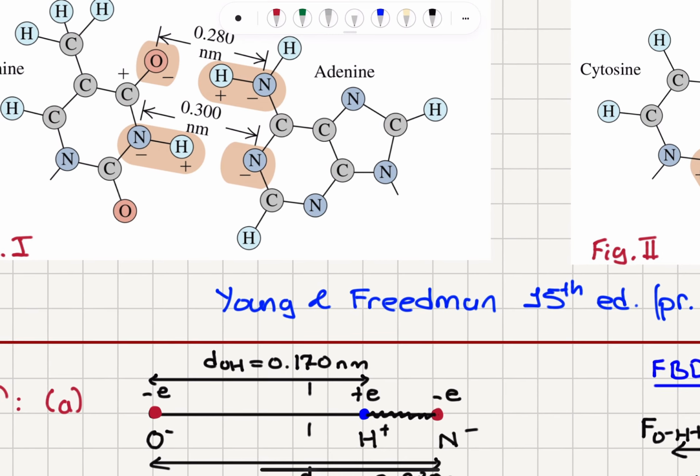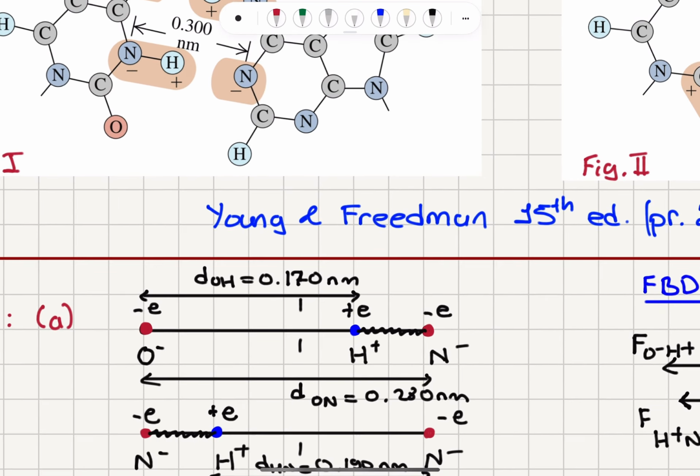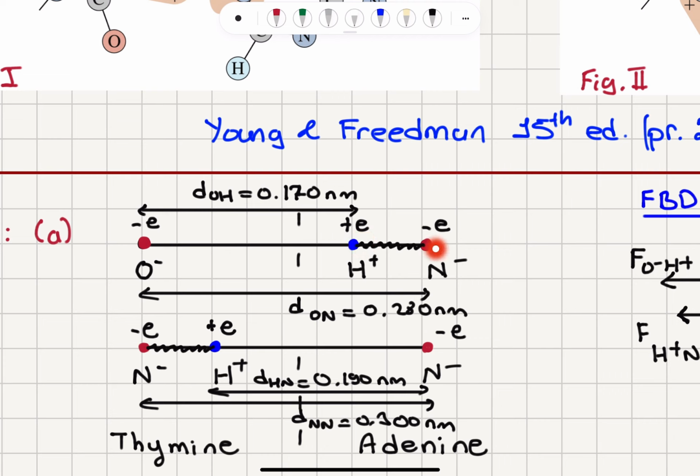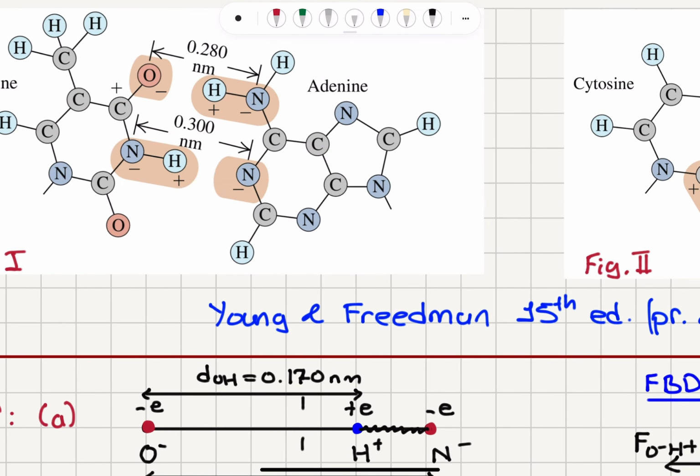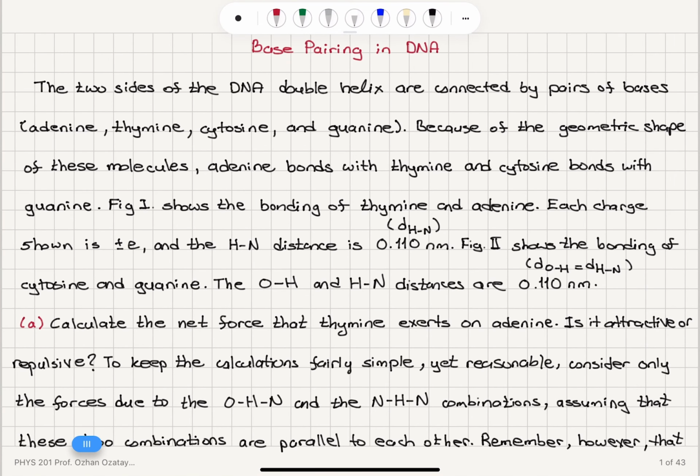And this hydrogen-nitrogen part belongs to the adenine molecule, so it's going to be on this side. And therefore, I show that this should be considered as a pair in interaction with O minus. And the oxygen-hydrogen distance is 0.17 nanometers.